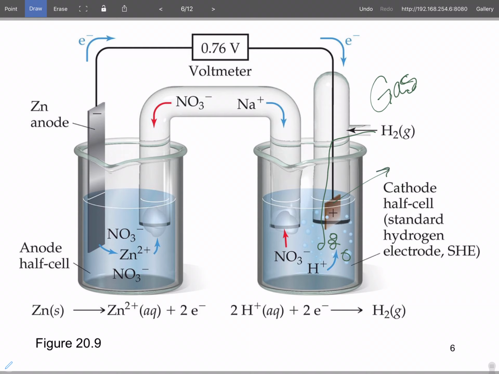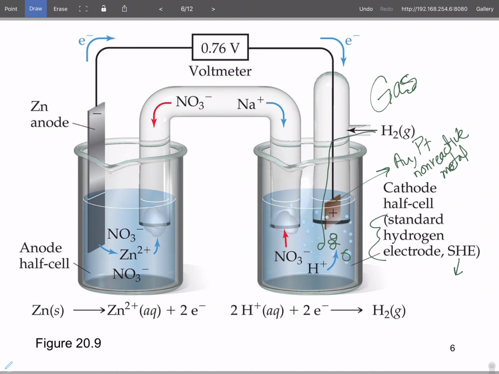And this is usually gold, platinum, palladium, or several other things. These are usually a non-reactive metal. They will still react, but they have a really high potential. This particular one is what's called a standard hydrogen electrode, or an SHE. You don't say "she," you say it's an S-H-E.